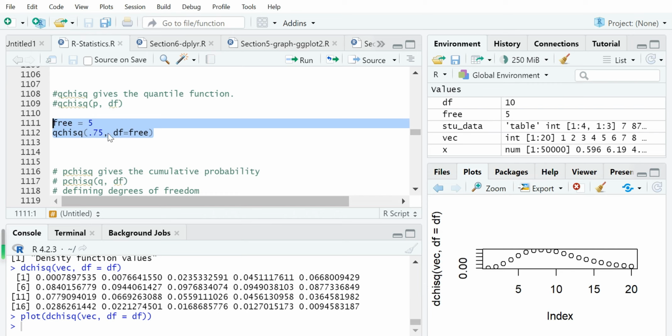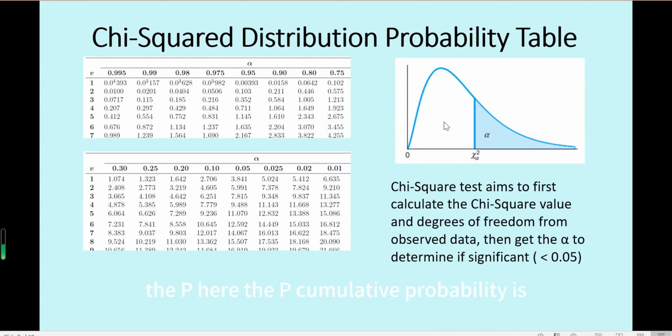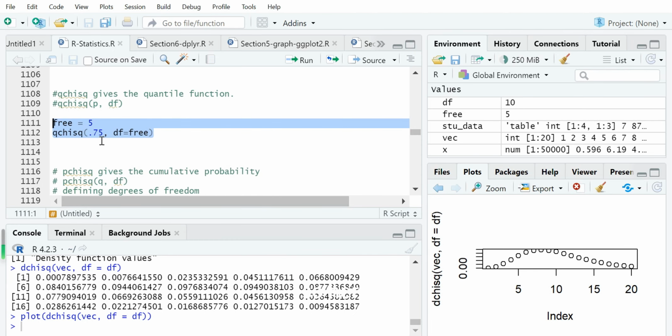If we look at this curve, the p here, the cumulative probability, is actually the white area, which is 1 minus alpha. qchisq accepts a cumulative probability, which is 1 minus alpha in the figure.